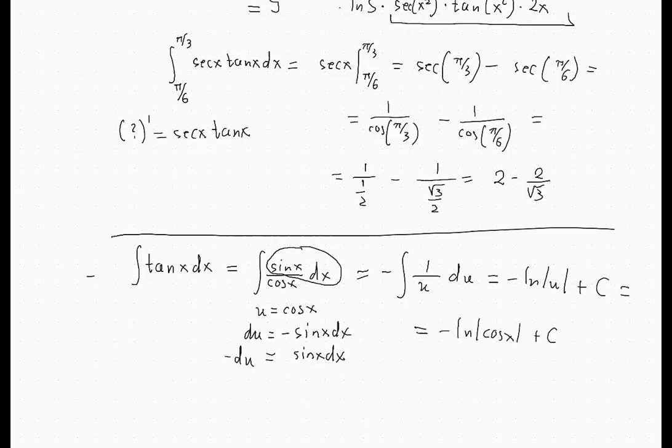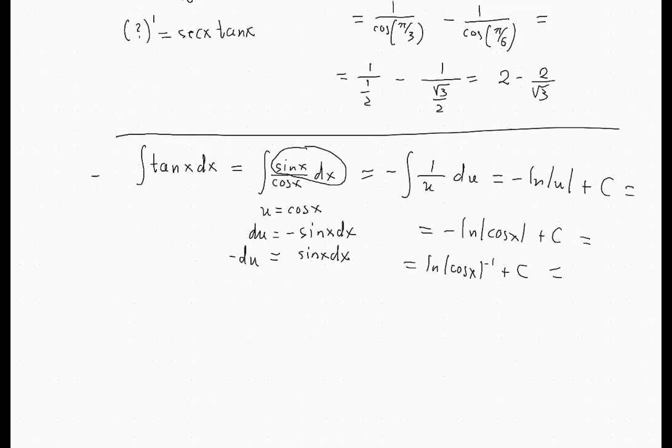Whatever you have in front of an ln, you can put it as an exponent for the quantity inside the ln. So that will be ln of cosine x to the negative 1 plus c, which is the same thing as ln of 1 over cosine x plus c, which is the same thing as ln of absolute value of secant x plus c. And that's this antiderivative, this indefinite integral.